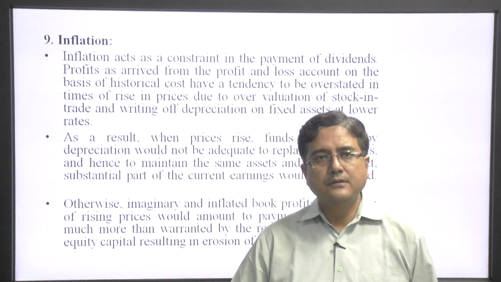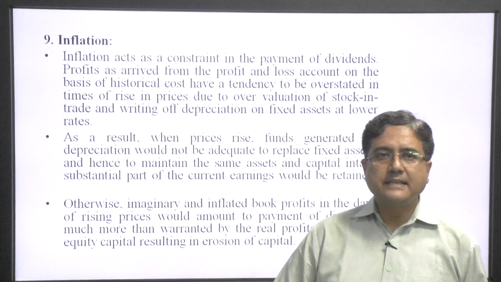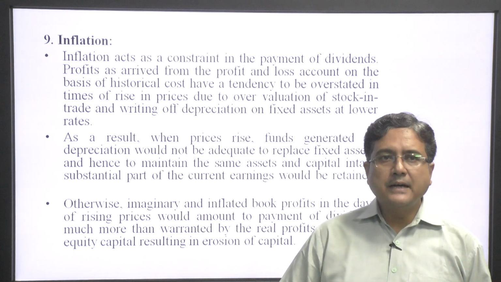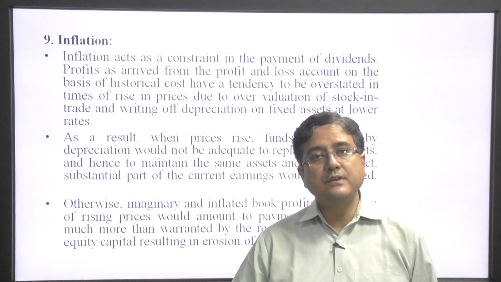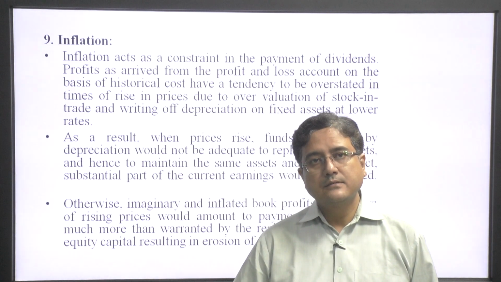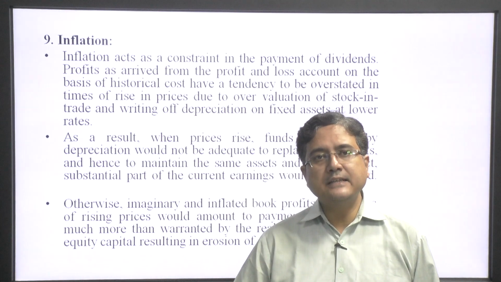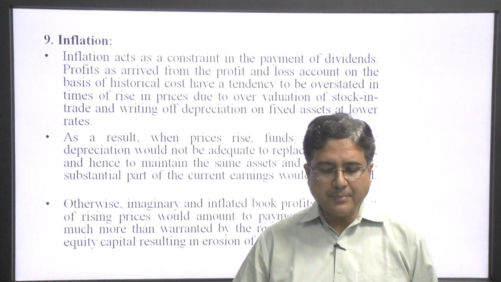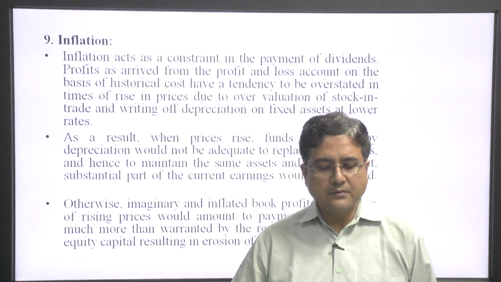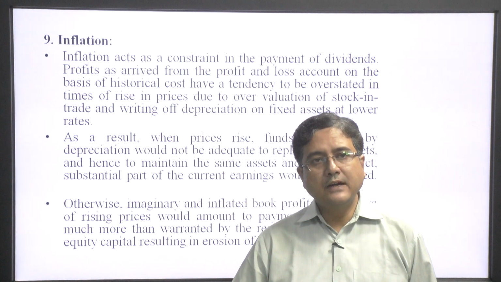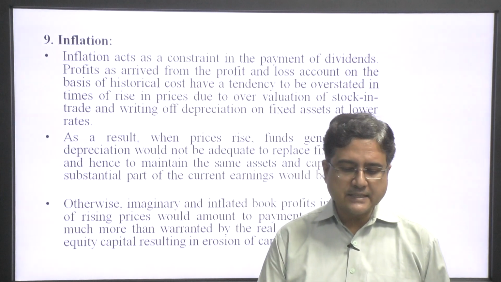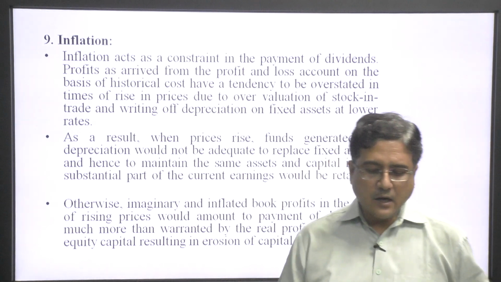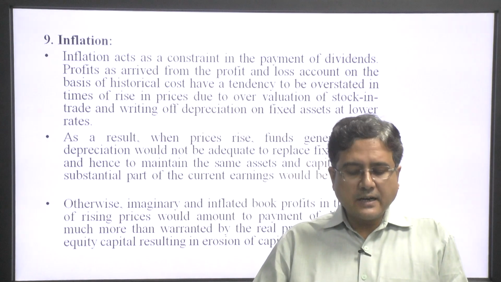As a result, when prices rise, funds generated by depreciation would not be adequate to replace the fixed asset, and hence maintaining the same asset capital is quite difficult. Otherwise, imaginary and inflationary book profit causes the amount of dividend payment to be much more than warranted by profit.